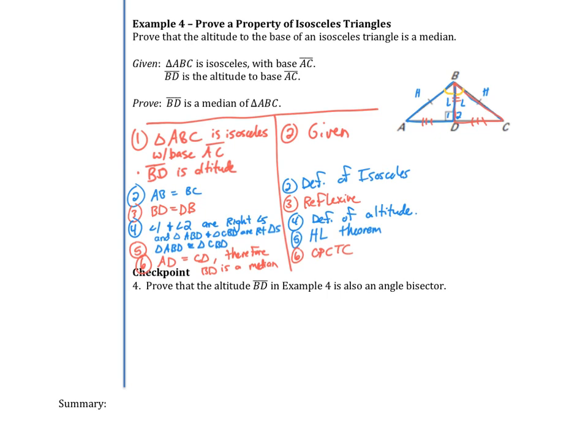So it will be the same exact proof, except in step 6, you would say angle ABD and angle CBD are congruent, therefore BD is an angle bisector. And that will be, again, because of CPCTC. All right, and we are going to stop right there.